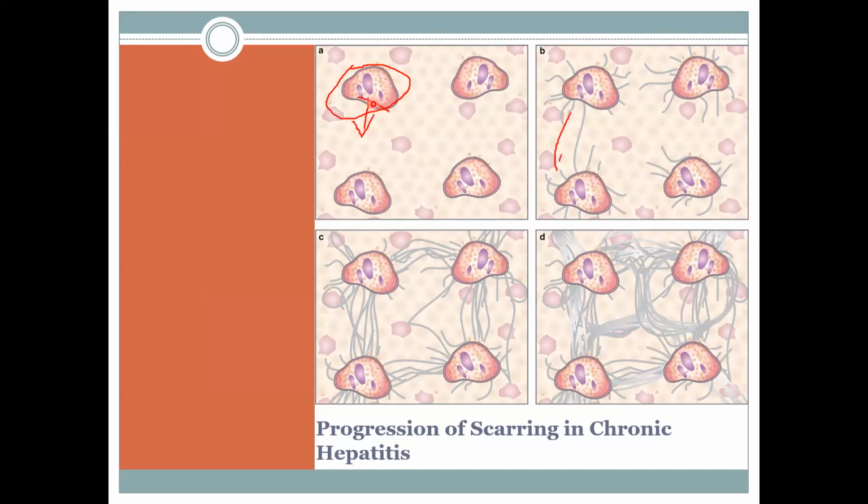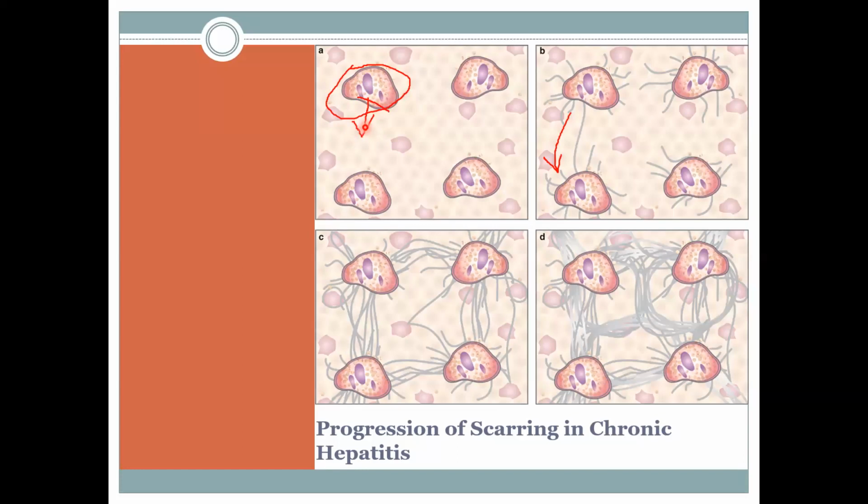Now, once it goes through this limiting plate, now it is in the lobule. Now, these are inflammatory cells. They are going to work on the liver cells, destroying these liver cells. This is why we call it piecemeal necrosis or interface hepatitis.